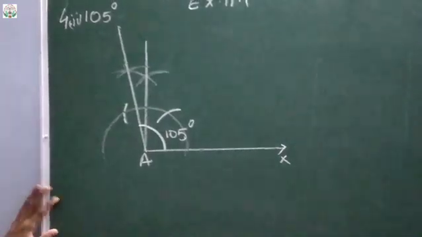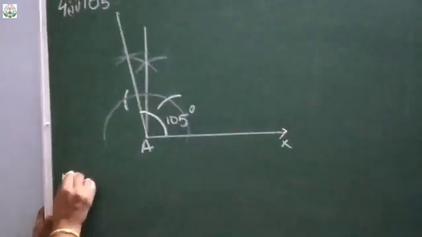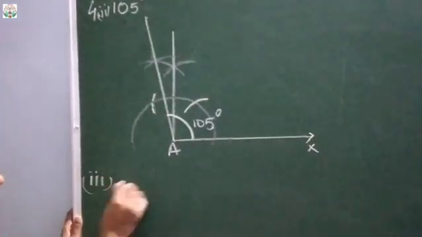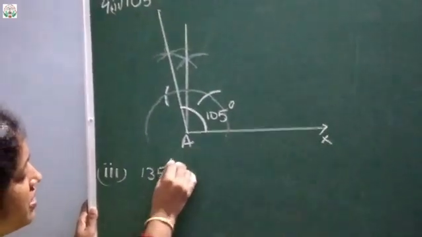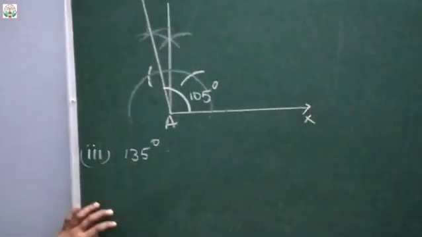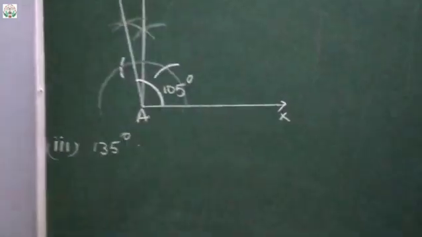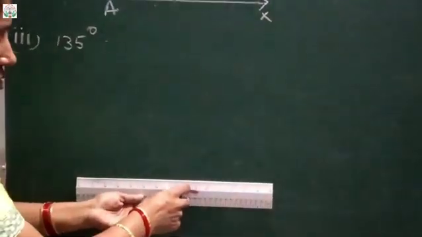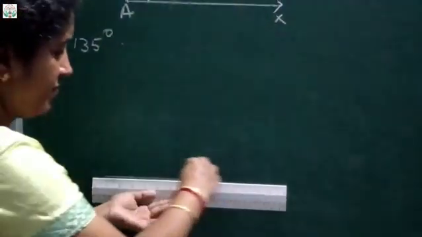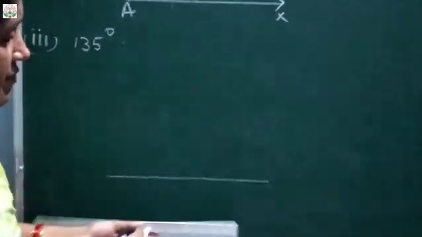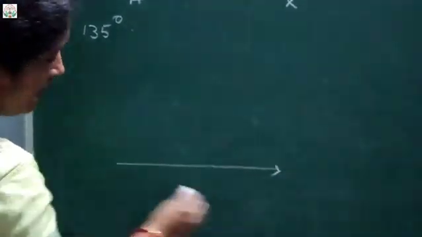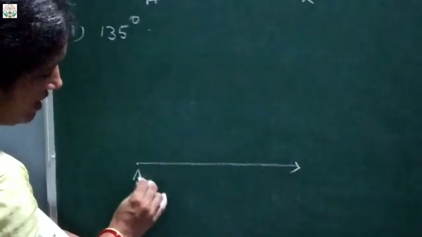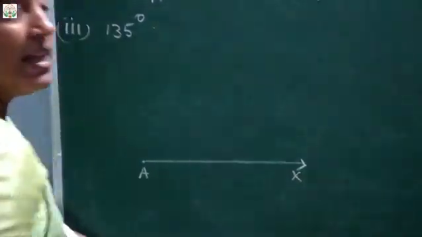Okay. The next one is the third one. Third question is what? 135 degree. So for this again take a ray. Take a ray and name the initial point as A and the ray as AX.